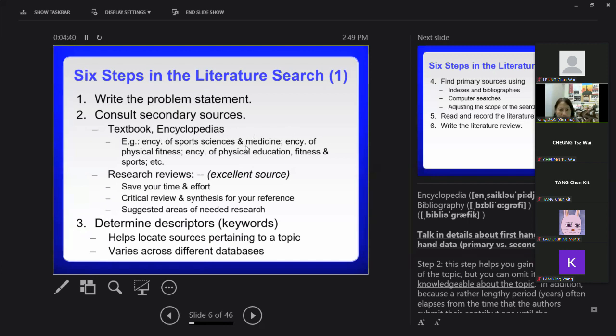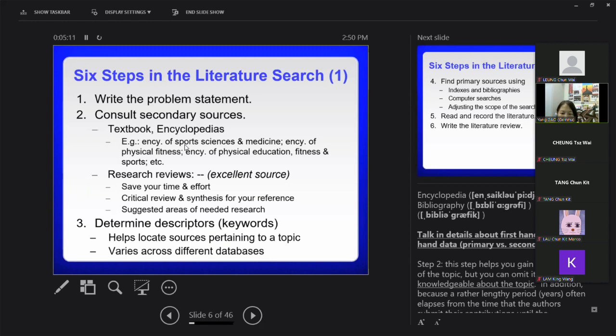encyclopedias, and so on. However, review articles are the best sources, better than the textbook, because the article is usually more timely, and it can save your time and effort.